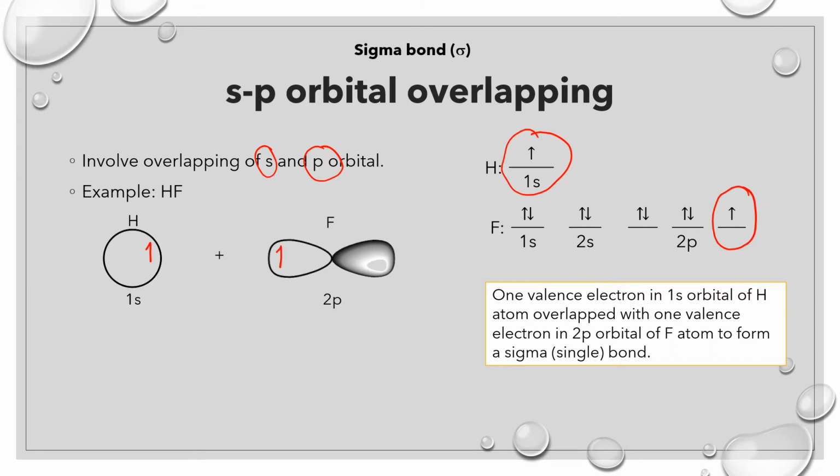When these two orbitals overlap head-to-head or end-to-end, we get an area of overlapping containing a pair of electrons. This pair of electrons is actually the single covalent bond we have in the HF molecule. This bonding contains 2 electrons, or a pair of electrons. So this is the sigma bonding.